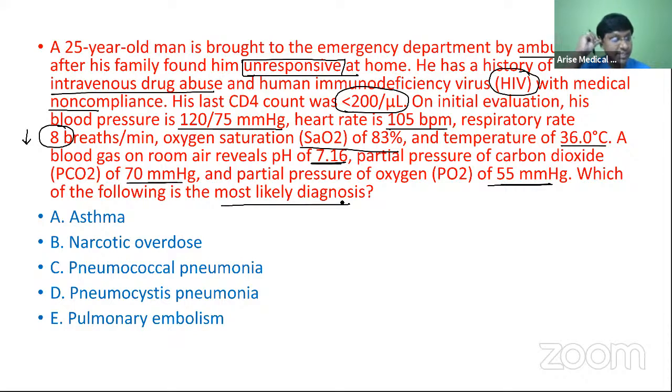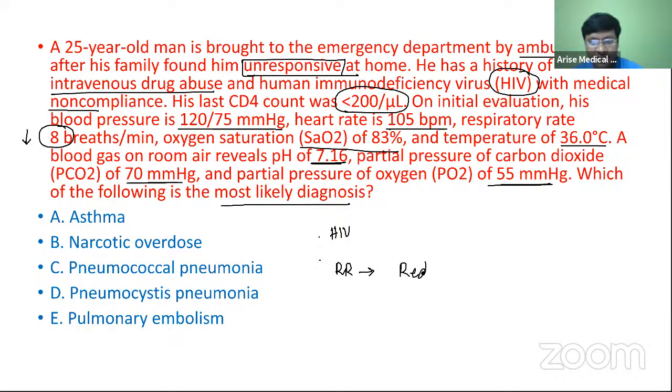Yes, can anyone answer this question? So what are all the positive points? Yes, Avinash says pneumocystis pneumonia. All right. The very important positive points: this patient is HIV infected and the CD4 count is very low. And take the respiratory rate. Respiratory rate is reduced.